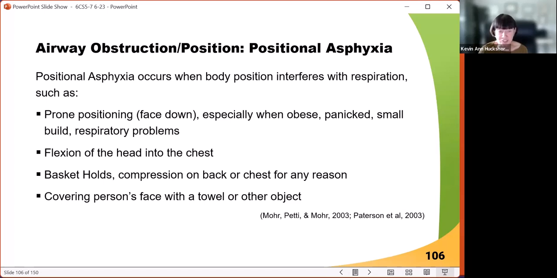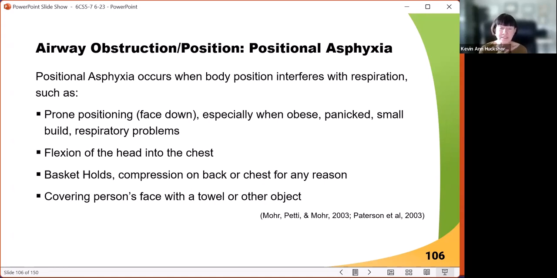Flexing the head into the chest is a huge problem. Basket holds, which I just heard a very short time ago are still being used in some programs, is where you grab the child from behind and pull their arms around and as such put pressure on their chest. Covering a person's face with a towel or other object.